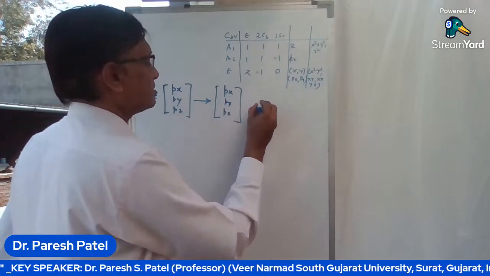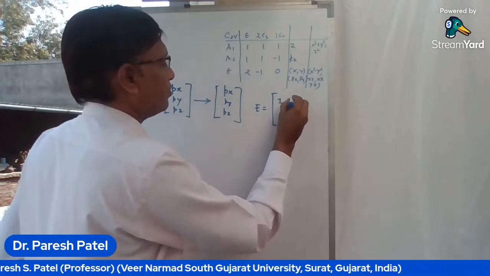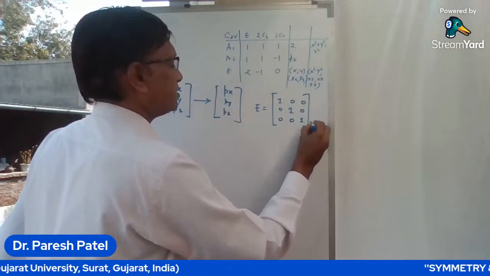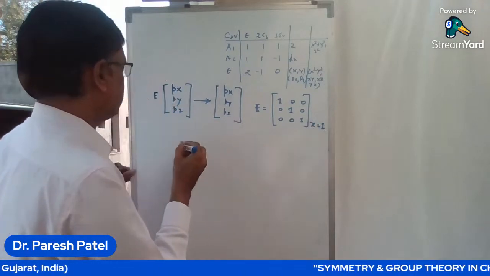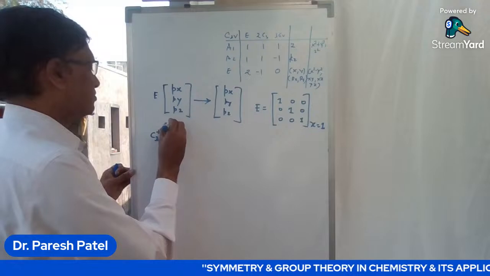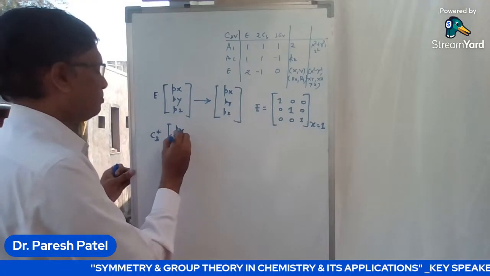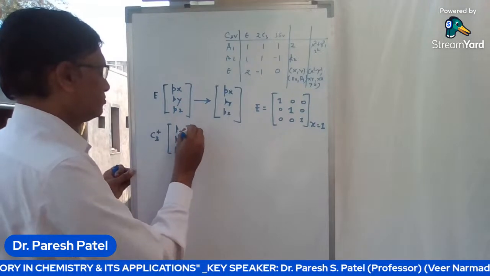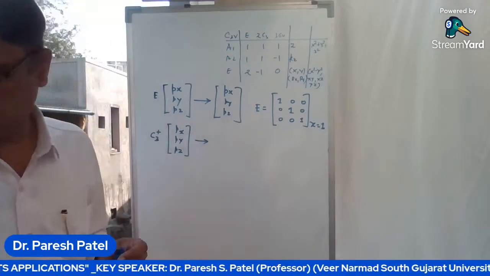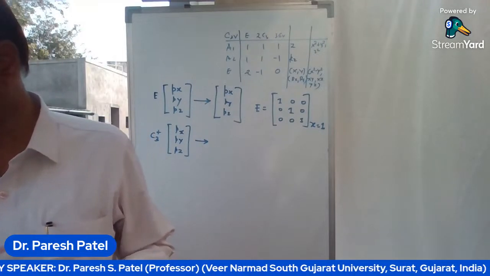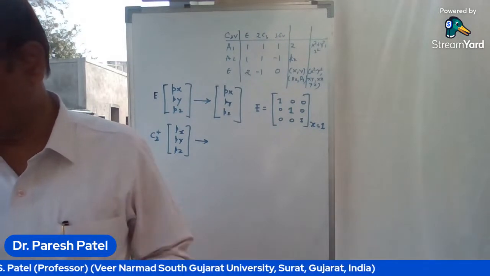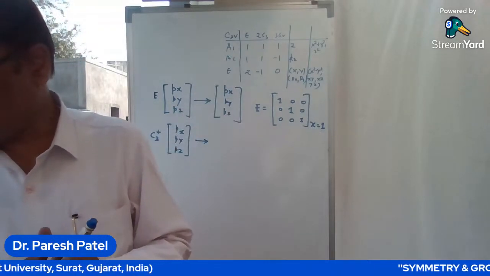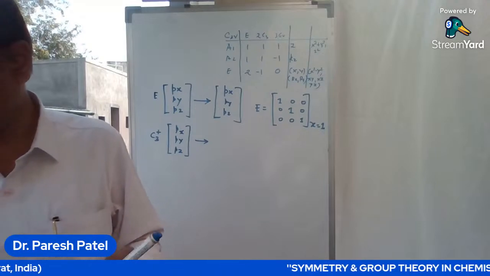So this matrix can be represented as 1 0 0, 0 1 0, 0 0 1, so the character is equal to 3. Now C3 plus or C3 minus on px, py, and pz: what will happen? We already derived the matrix representations for px, py, and pz.